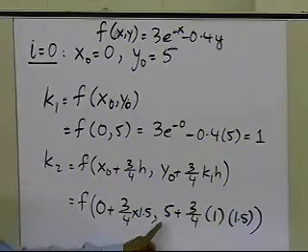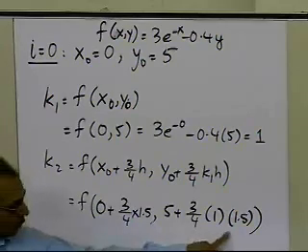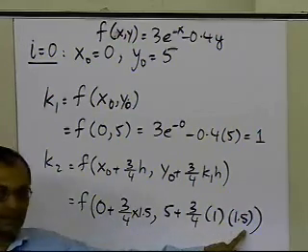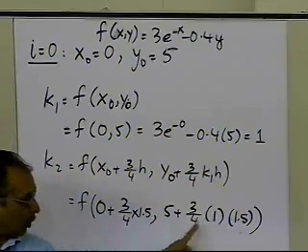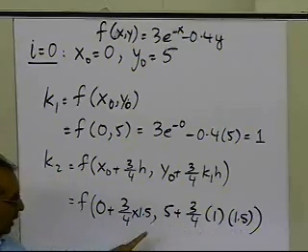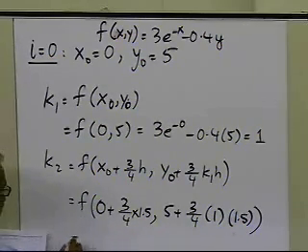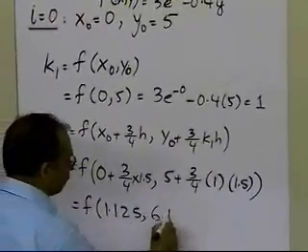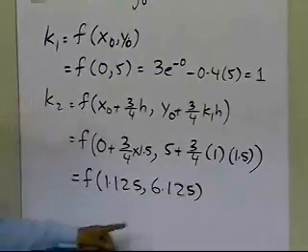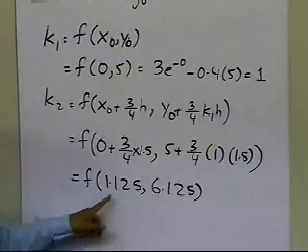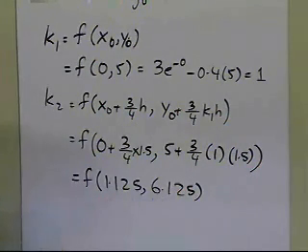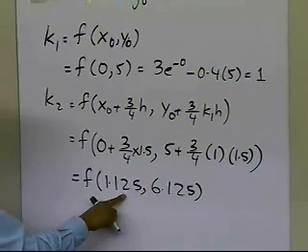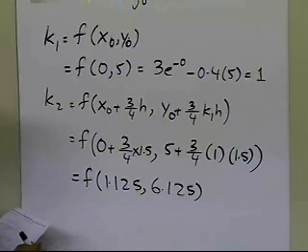In the second argument you are trying to find some approximate value of y at x equal to 3/4 of the way from where you were, because in order to find the value of f, you need the value of x and the value of y. If I simplify this, I get f at 1.125 and 6.125. This value of 6.125 is an approximate value of y at this value of x, because that's what you want to use to calculate your value of y at 1.5. This is 3/4 of the way between 0 and 1.5.